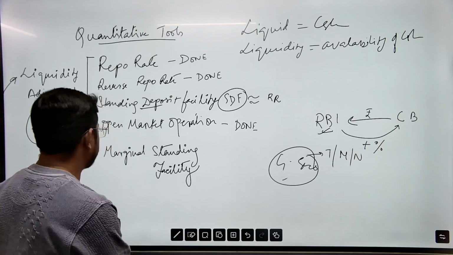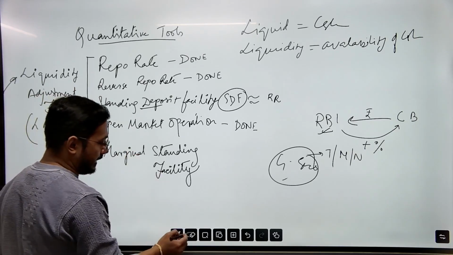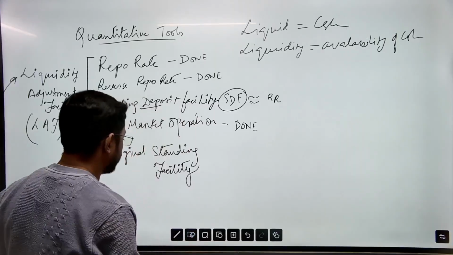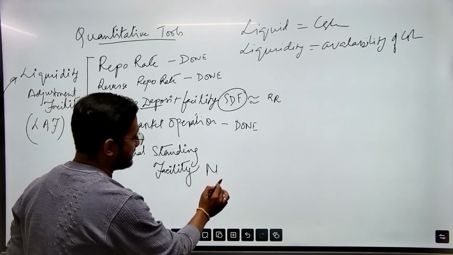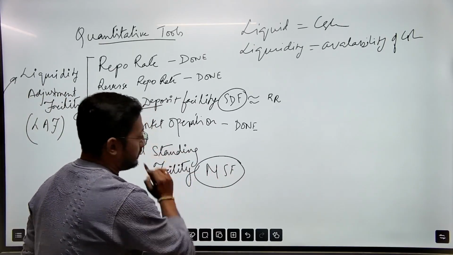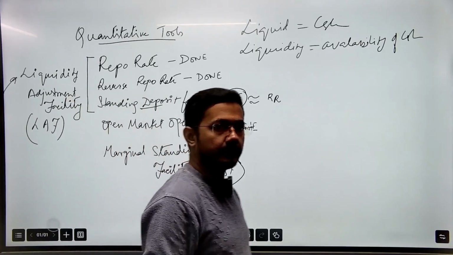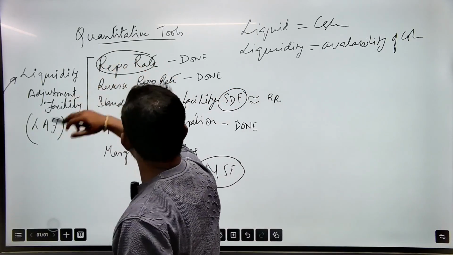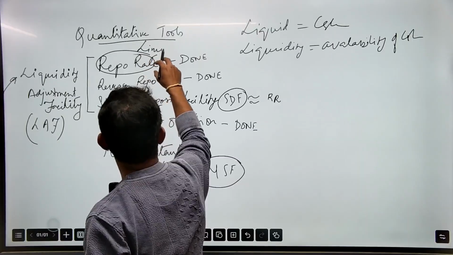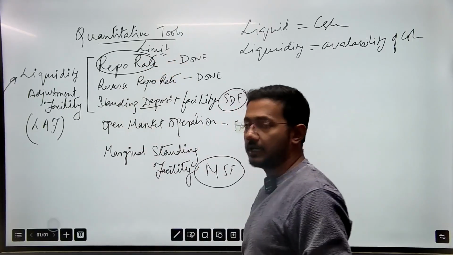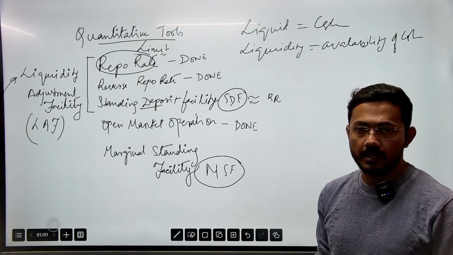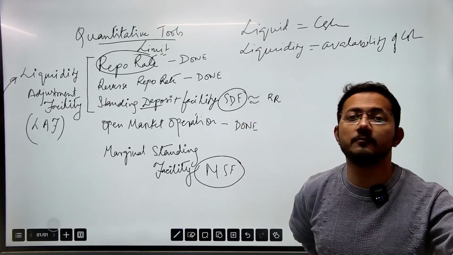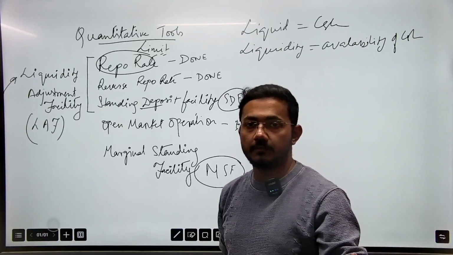All right. Now let's come to marginal standing facility. What is this marginal standing facility, MSF? Repo has a limit. What limit? The government securities are the limit; up to a limit the RBI will give money to the commercial banks.